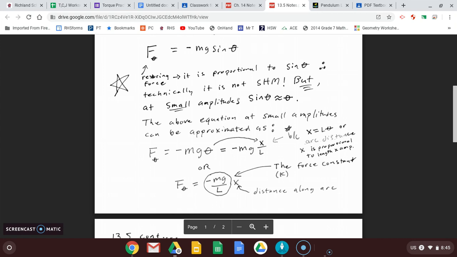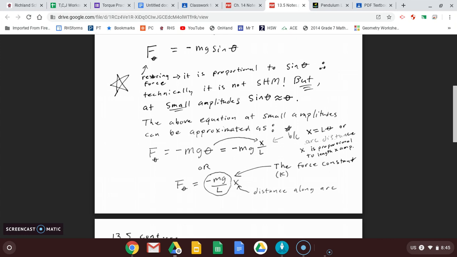The spring constant is made up of features of the spring, such as the material it's made of, the amount of coils, the size of the coils that makes the spring tighter or looser to bounce the object back and forth or up and down. Well, now we have a formula that looks kind of like that, but instead of a k, we have the restoring force equals negative mg over L times x, the distance along the arc.